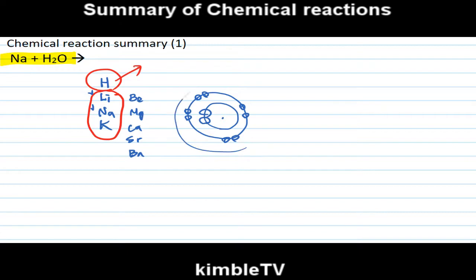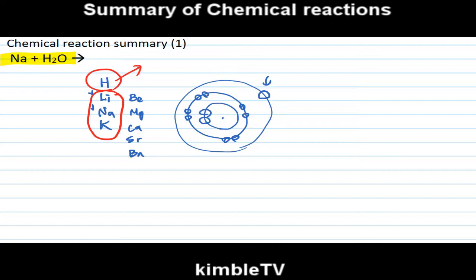And on the outermost shell, there is only 1 electron. This is called the valence electron. So sodium and lithium and potassium lose their valence electron very easily and very quickly.